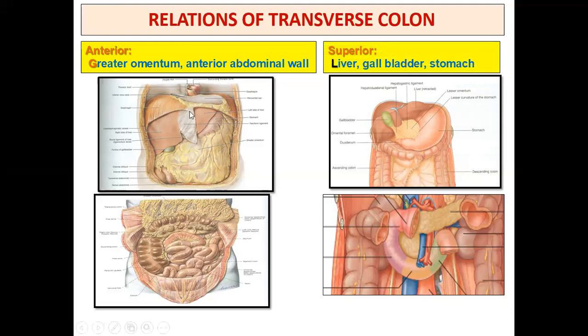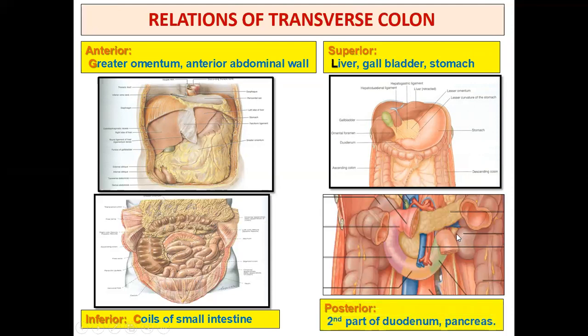Coming to the superior relations of the transverse colon: here will be the transverse colon, and just above that will be the liver. Then we have the gallbladder, as well as on the left side the stomach, which is superiorly present. Coming to the inferior relations, all the coils of the intestine will be present anteriorly as well as inferiorly.